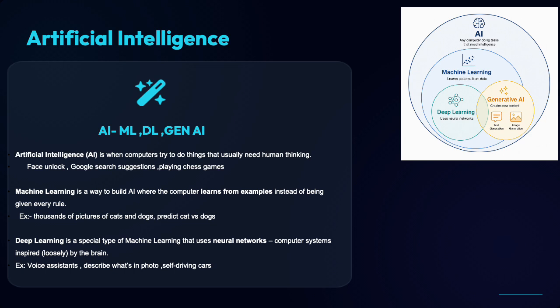For example, you want to build a machine learning model to find out which image is a cat and which image is a dog. You train the model with thousands of dog and cat images. The algorithm looks for patterns: if it is a dog, how the ear looks, how the nose is shaped, the fur, the tail, all this information.